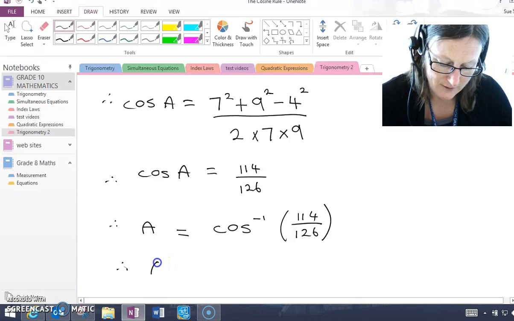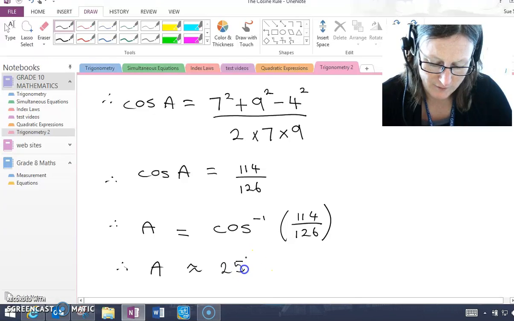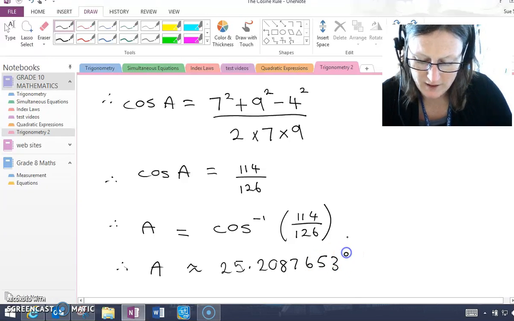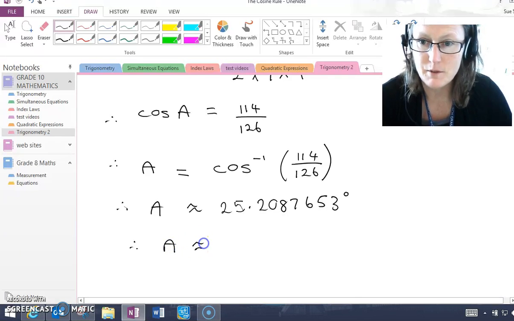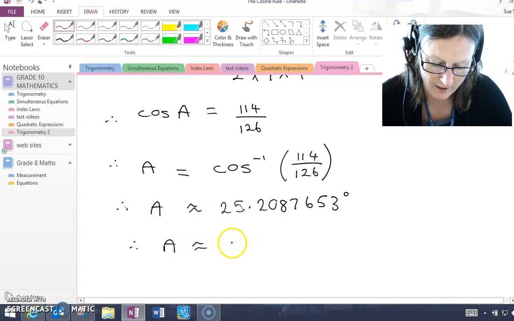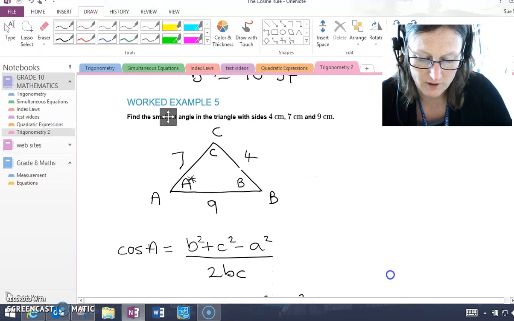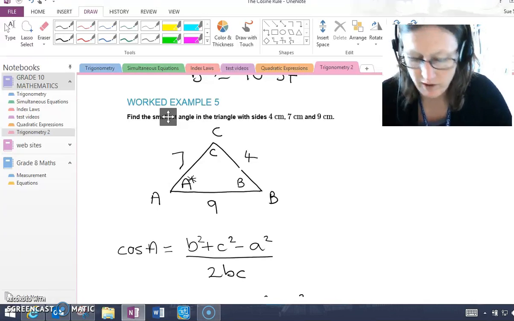Calculator does that, so angle A is approximately 25.208765 degrees, normally written in degrees and minutes, so I press my degrees minutes button, so angle A is 25 degrees 13 minutes. So we go back up to look at the question, find the smallest angle in that triangle, and we have just done that.